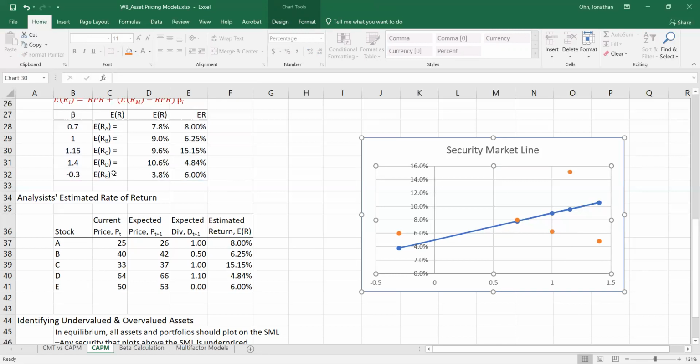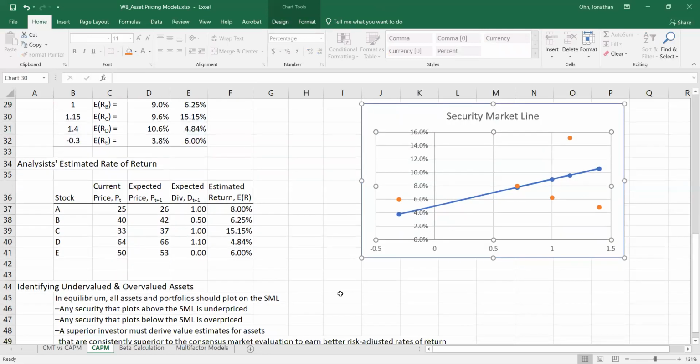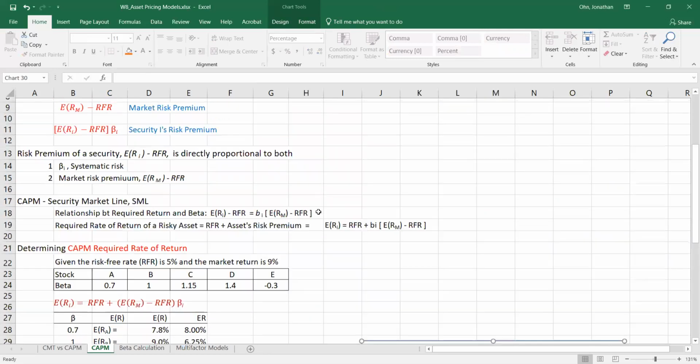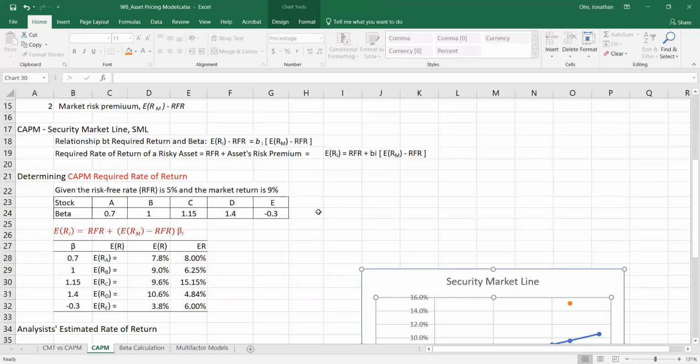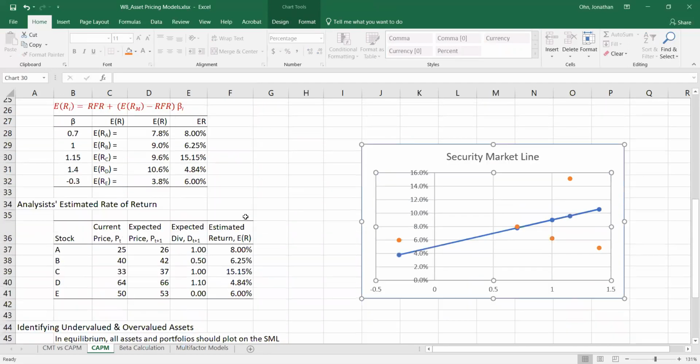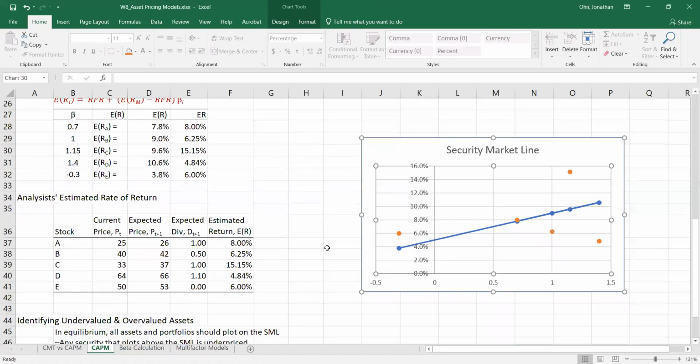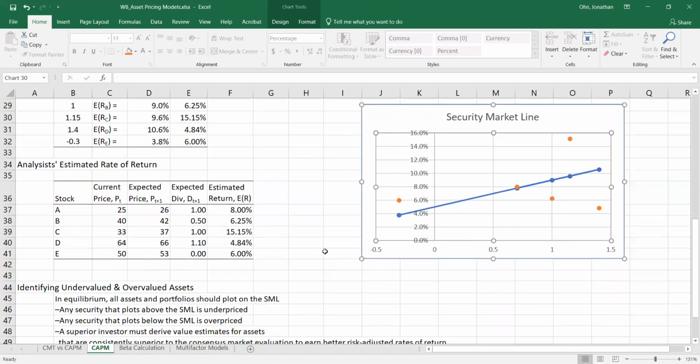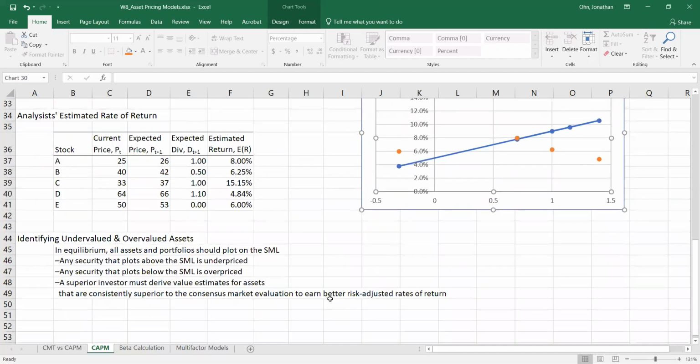And stock E is above the security market line, so it is underpriced and a good investment. That's how you use the CAPM model and calculation, the security market line, and the estimated rate of return, and compare those two and conclude whether it is underpriced or overvalued, a good investment or a bad investment.